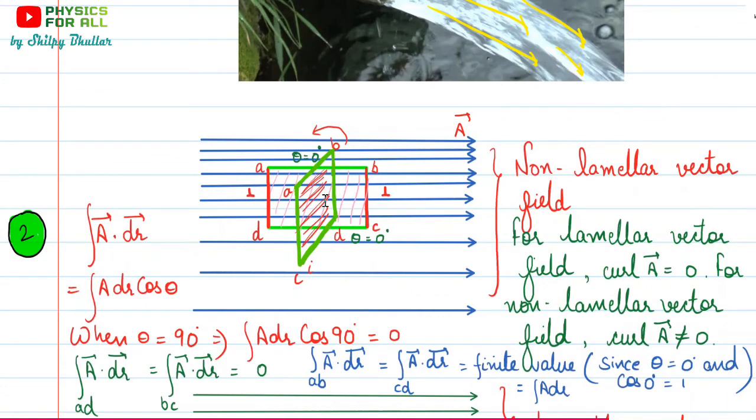And again, this example that we took, the consideration that we made, is really important to understand curl better. The way we know that whenever we talk of divergence, the two integrals which are of use are the surface integral and the volume integral. Both have the relation whenever we talk of divergence.